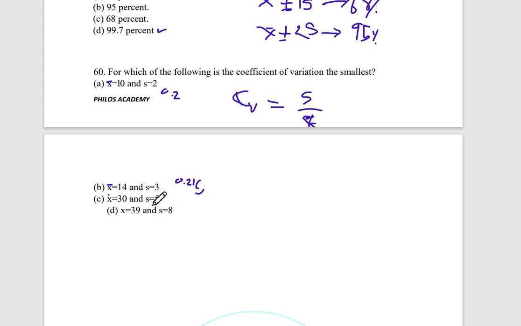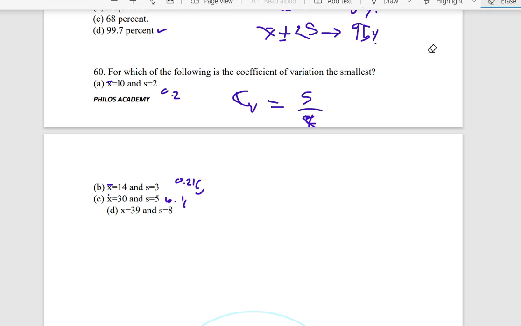Then 5 divided by 30 is 0.167. Then the last one is 8 divided by 39, which gives 0.205.